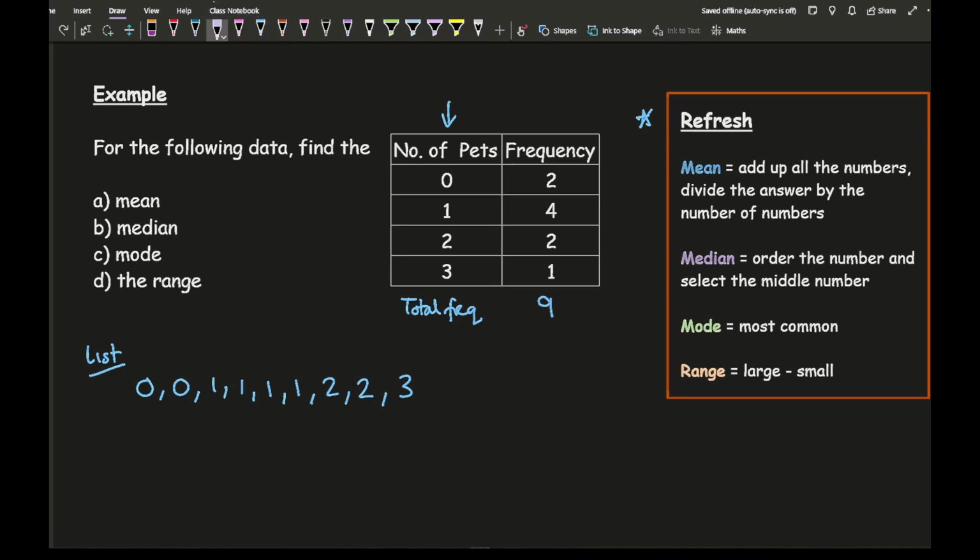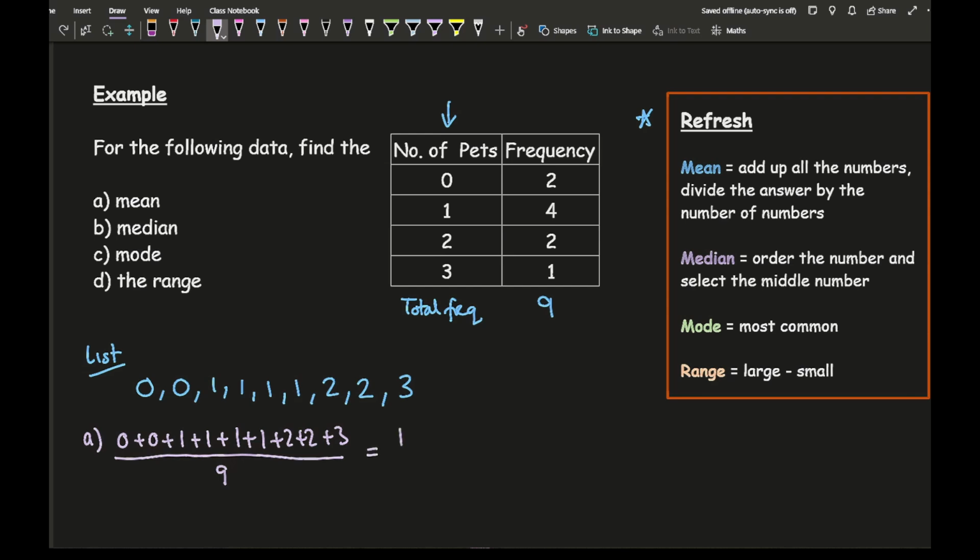So from this, what I can then do is work out the mean. To work out the mean, all I need to do is add those numbers up. So I've got 0 plus 0 plus 1 plus 1 plus 1 plus 1 plus 2 plus 2 plus 3, and all I need to do then is divide those numbers by 9. So here I've got 11.